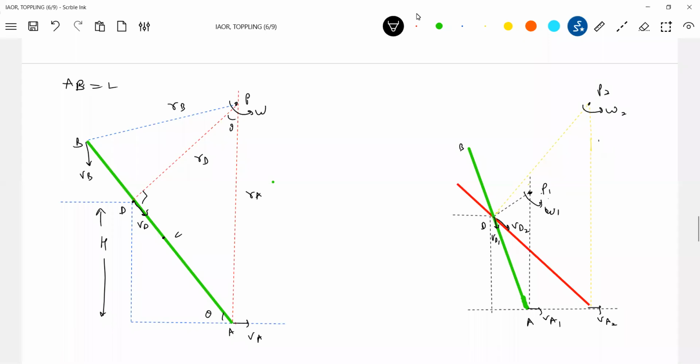Now the velocity of the rod here, I'm interested. So the velocity perpendicular to that should be like this. VB1.